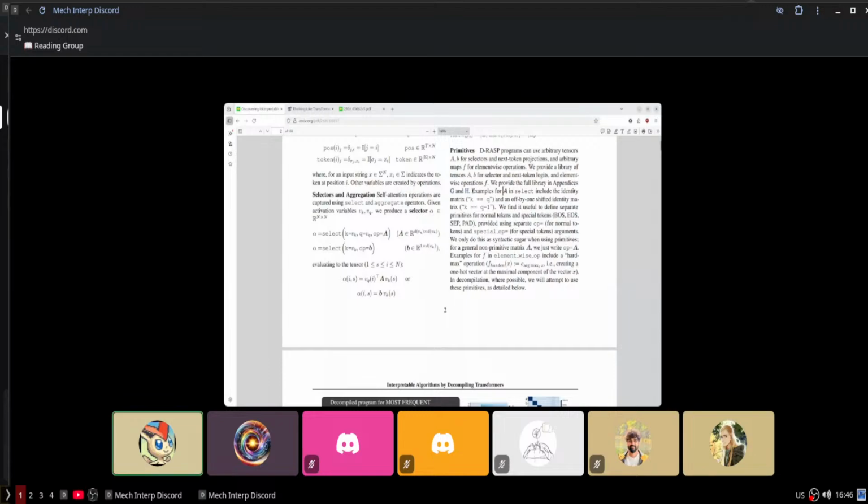They have some samples here, by the way. Yes, like the select can be the identity matrix. So it's whether k equals q, or k equals q minus 1.